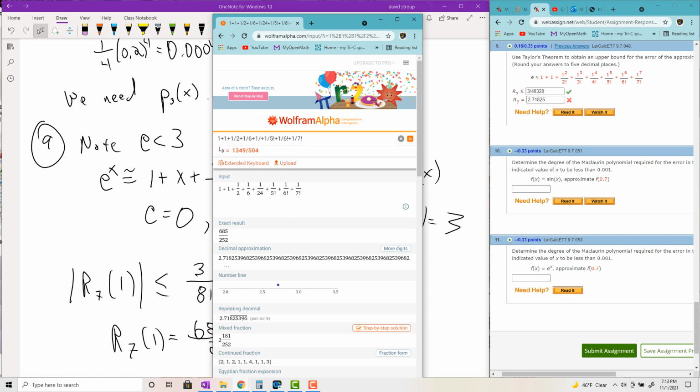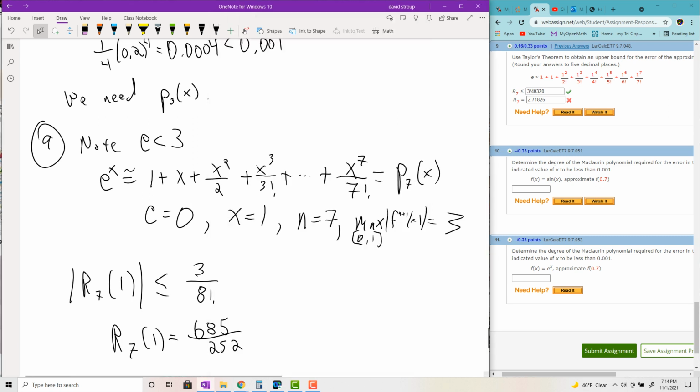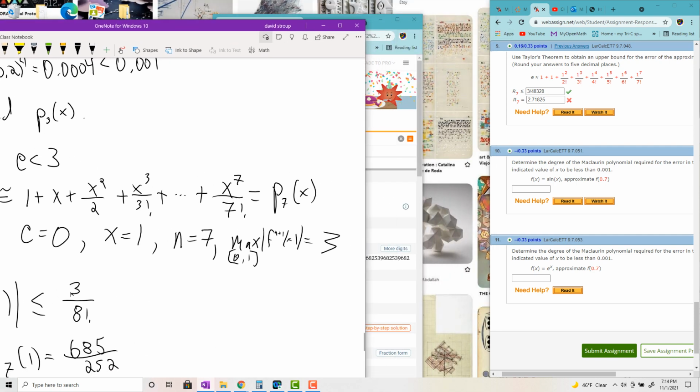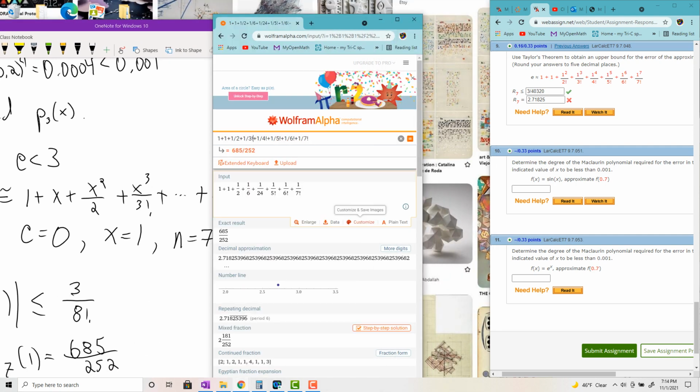1 all over 4 factorial. All I can imagine is I screwed up 3 factorial. 685 over 252. I mean, the first number was right. Push enter again.